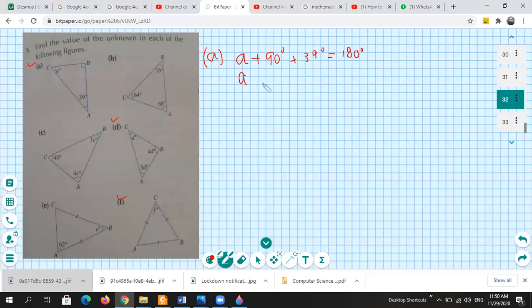So 129 will go there and becomes negative. So A will be equal to 180 degrees minus 129. So we are left with A equals 51 degrees.